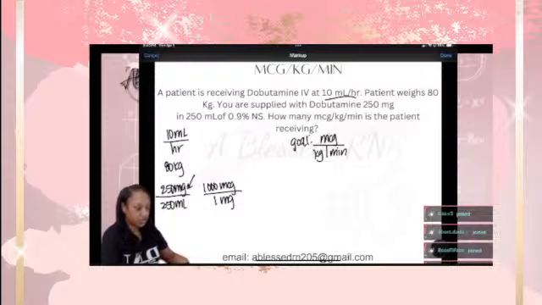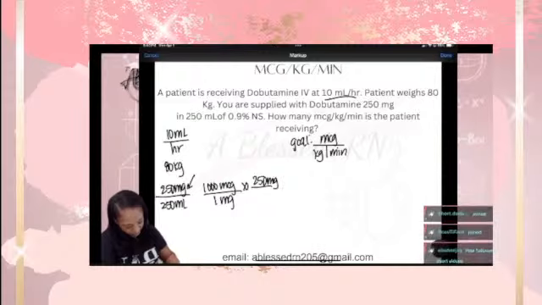All right, so now I have my milligrams at the bottom. I can put my milligrams on the top and they cross out. So 250 milligrams over 250 mLs. Milligrams crossed out. All right, so now I've got that puzzle piece used.